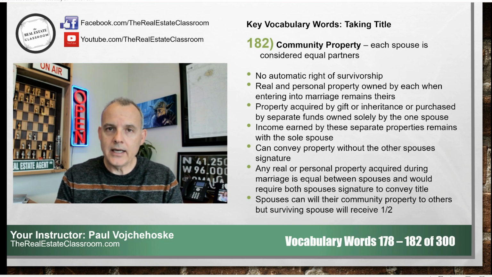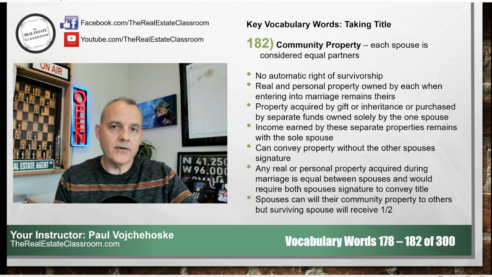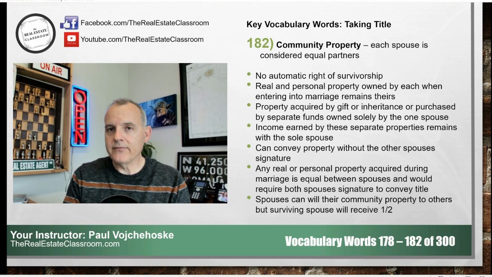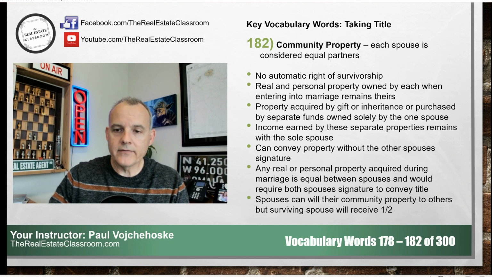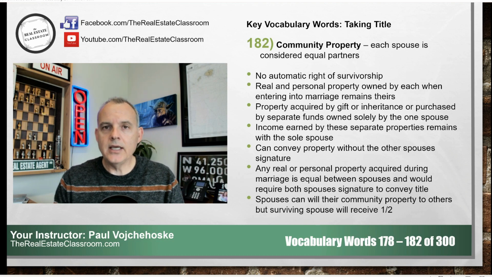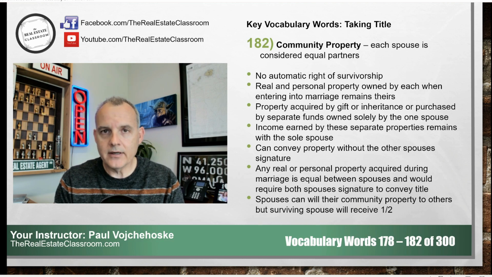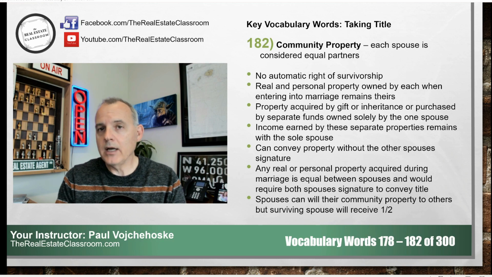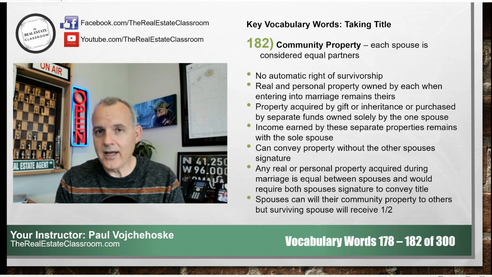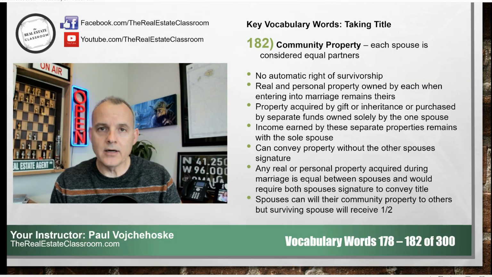So when I die, I can will my half off to my estate, or when my wife dies, she can will her half off to her estate. The key to remember, though, is each spouse is guaranteed at least half of that estate. So again, we purchased a home during our marriage. My wife is going to be guaranteed at least half. I couldn't will her portion off. I could only will up to 50%.